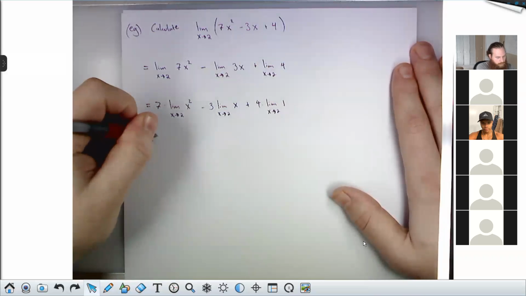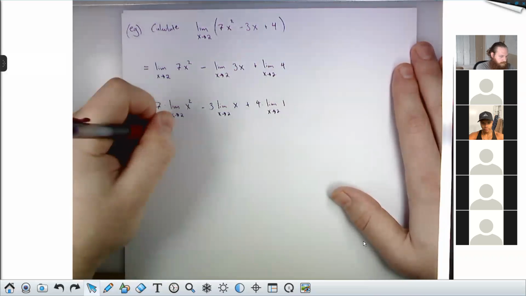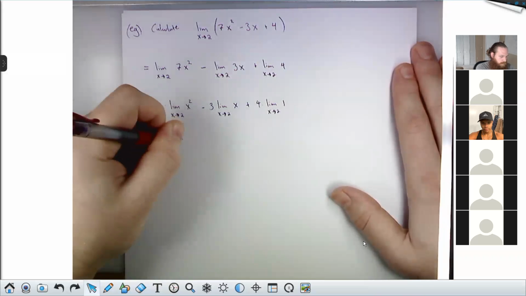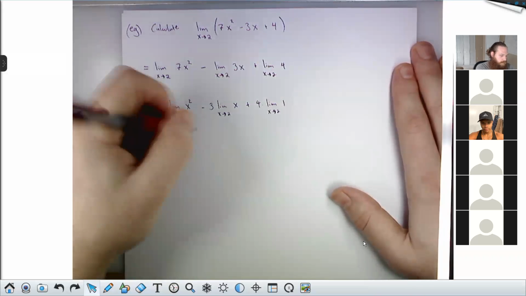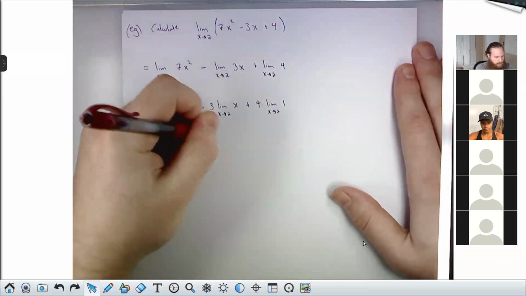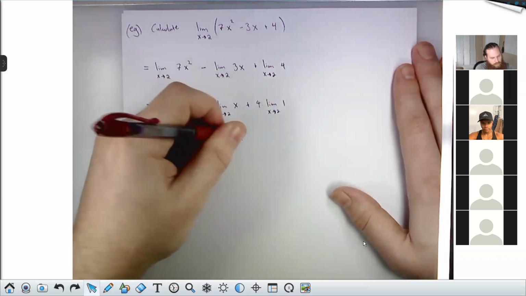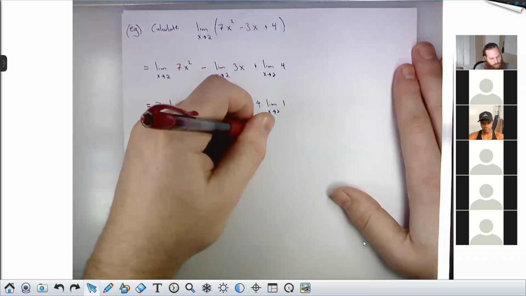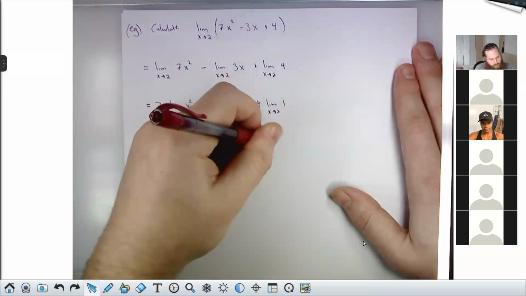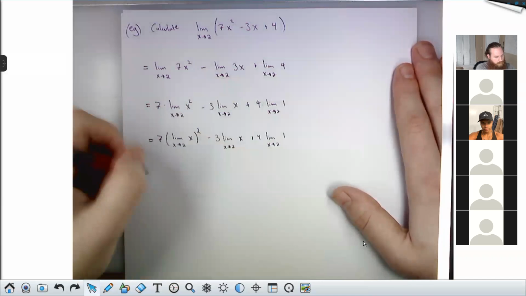And then again, we can be really, really explicit here. This is the limit as x approaches 2 of x, all squared, minus 3 times the limit as x goes to 2 of x, plus 4 times the limit as x goes to 2 of 1.